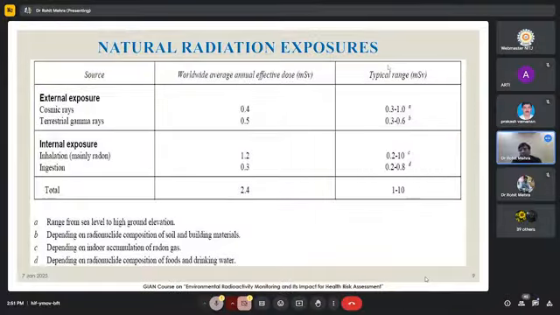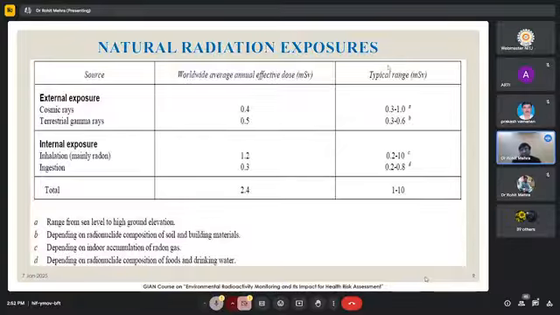The third column of the table gives you the typical ranges. The cosmic rays world average is 0.4, but it ranges from 0.3 to 1, that is, from sea level to high ground elevations.